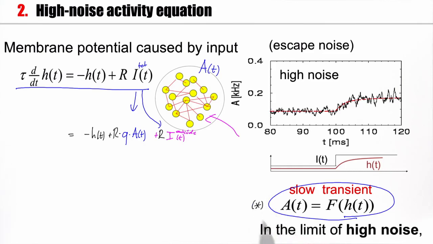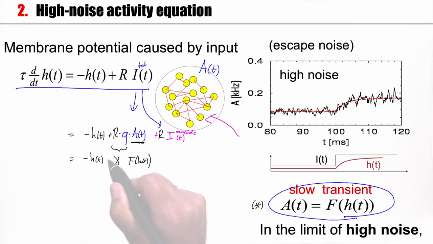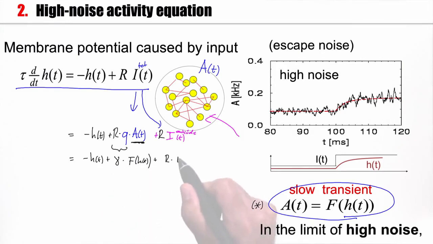Now let me do one more step. I will use this equation here and plug it into this A of t. So A of t itself is a function of h of t. Let's call this gamma. I copy the rest, minus h of t plus gamma times f of h of t plus R times I outside, input coming from other sides.